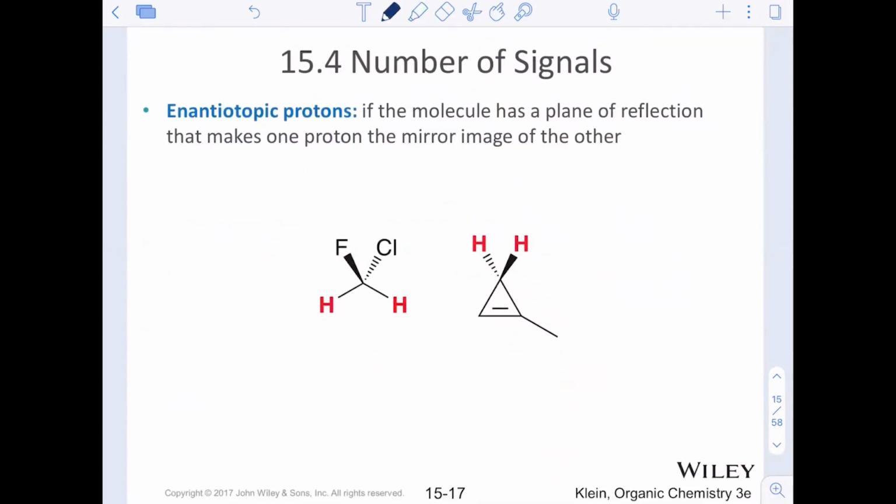Enantiotopic protons are going to be if the molecule has a plane of reflection that makes one proton the mirror image of the other, enantiomers, right? So see how we don't have symmetry here, but the replacement test is still going to help us, right? Before, the replacement test showed us identical compounds.